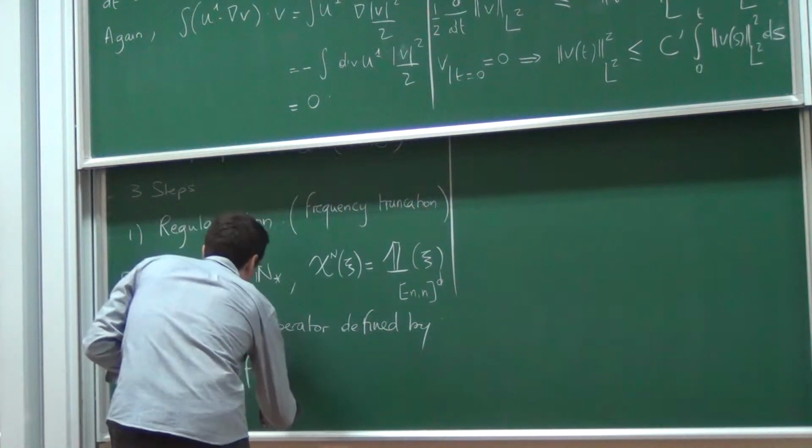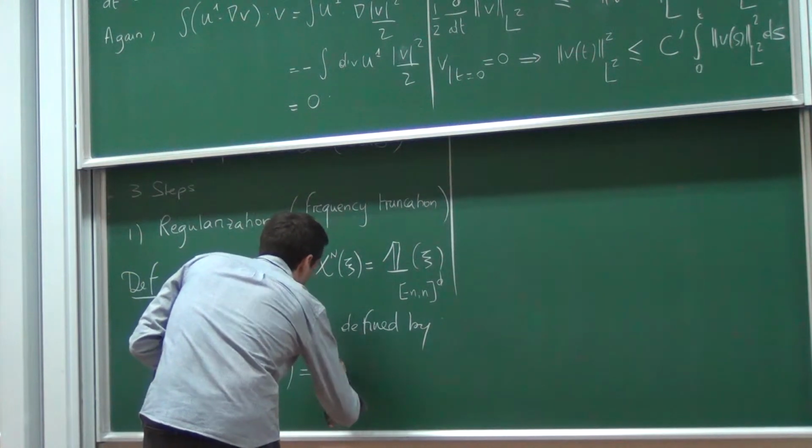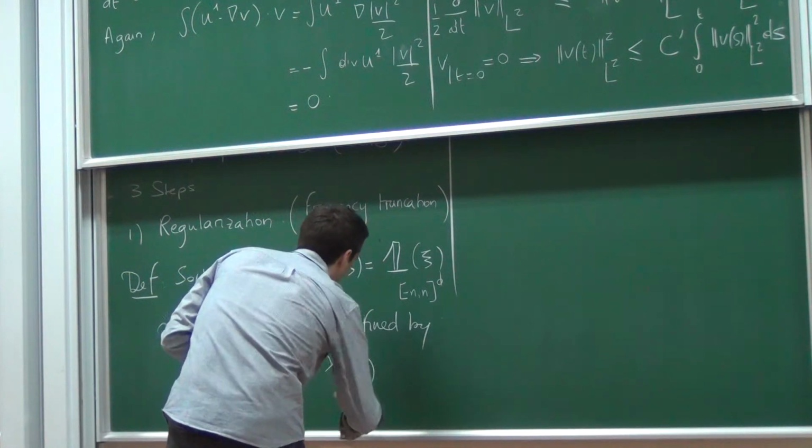When I look at it in Fourier space, that's just multiplication by chi_N of xi.